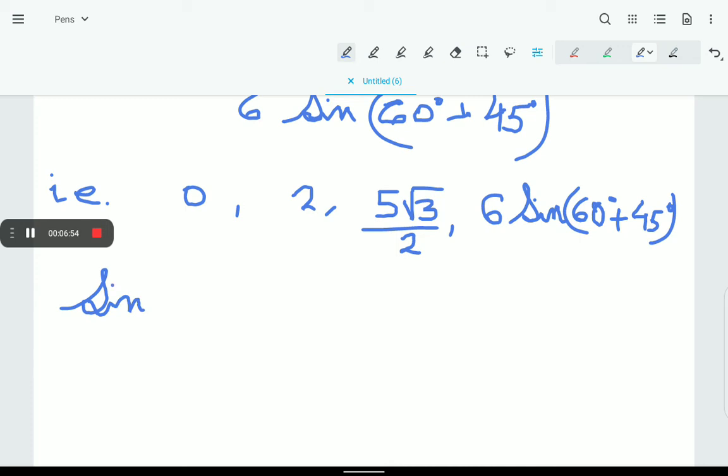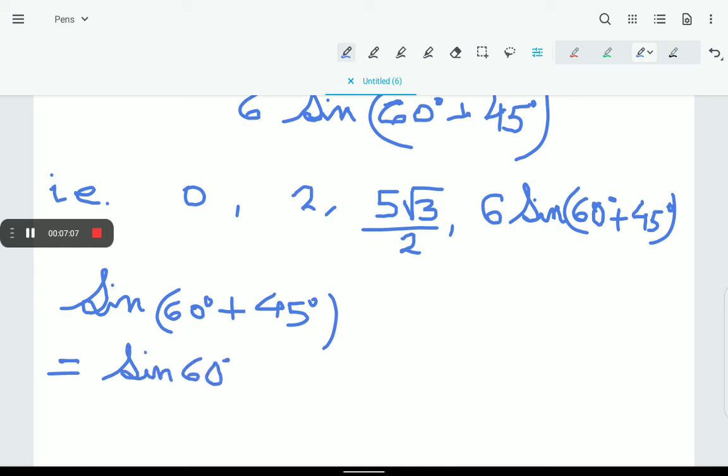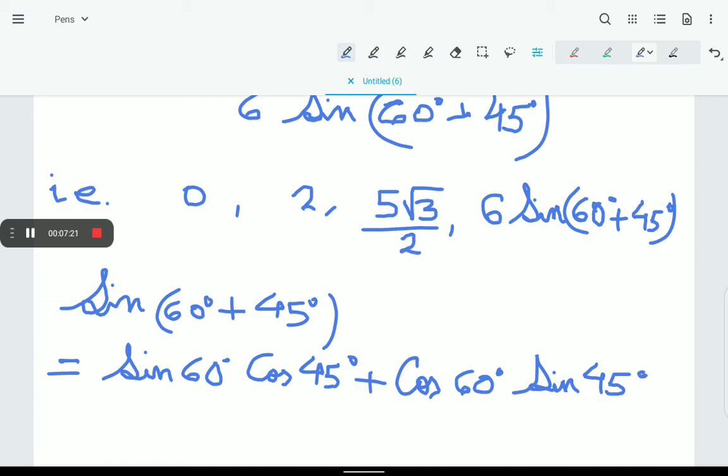Sine 60 degree plus 45 degree is equal to, sine A plus B is sine A cos B plus cos A sine B. Sine 60 degree is root 3 by 2.